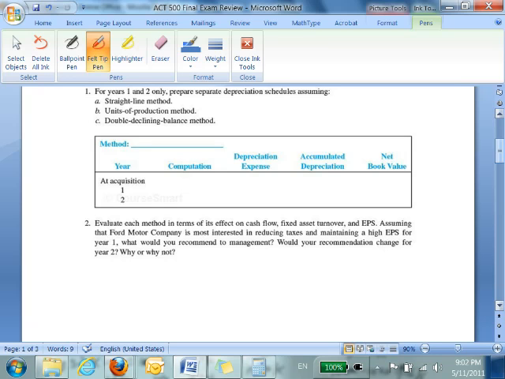So from the tax perspective, the company would pay reduced tax at an early stage, and early tax deduction is preferable to a later tax deduction. Double declining depreciation expense is the highest. It yields a lower taxable income and therefore lower income tax payable and lower cash outflow in early years.